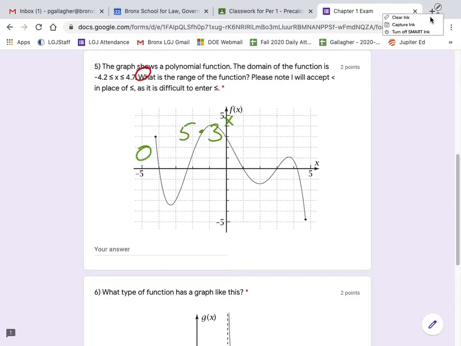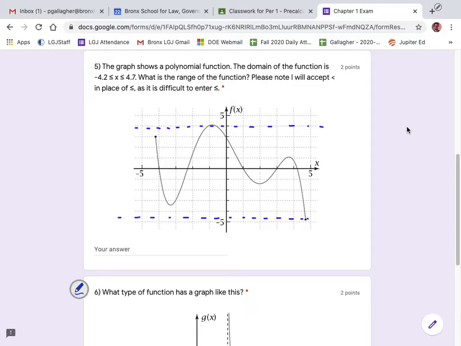5. So you have the domain, you have the range, which means you need the range. Range is going to be this way, the highest values of my y. So it has to be all these y values. And this is at about 1, 2, 3, 4.